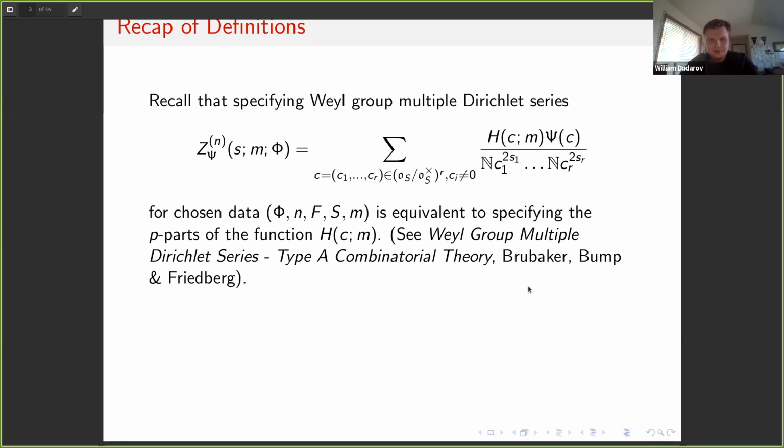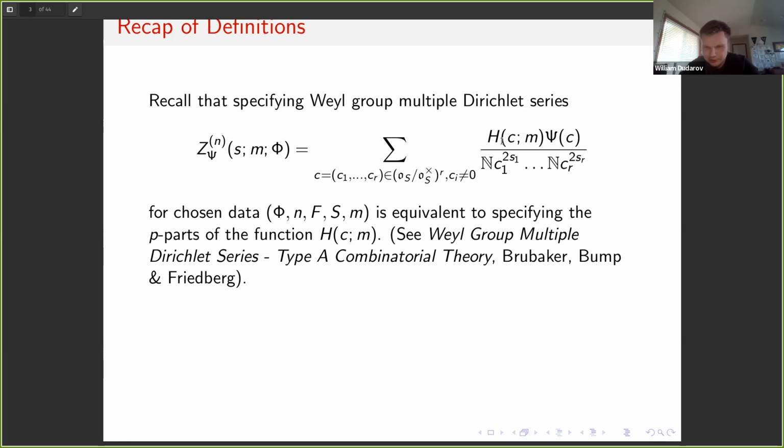Recall that specifying a Weyl group multiple Dirichlet series for chosen data Phi, F, S, M, where Phi is a reduced root system of rank r (in the book, it's type A), N is a positive integer, and F is an algebraic number field containing the group of 2N-th roots of unity, is equivalent to specifying the p parts of this function H c m.